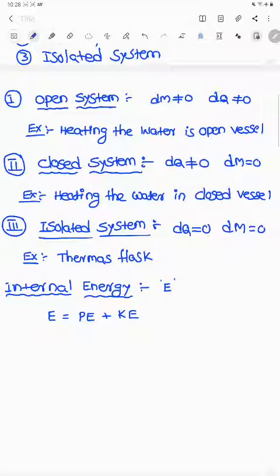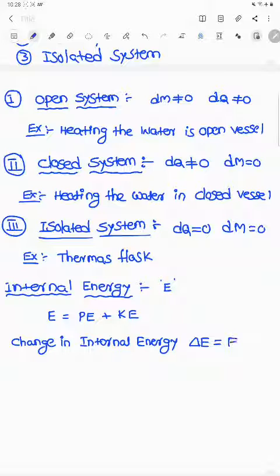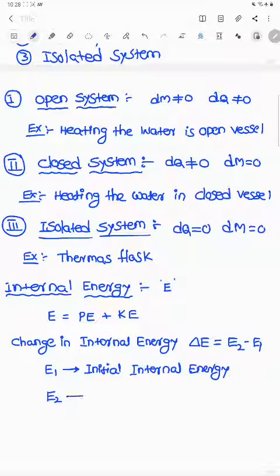The change in internal energy is denoted with delta E, it equals E2 minus E1, where E1 is the initial internal energy and E2 is the final internal energy.